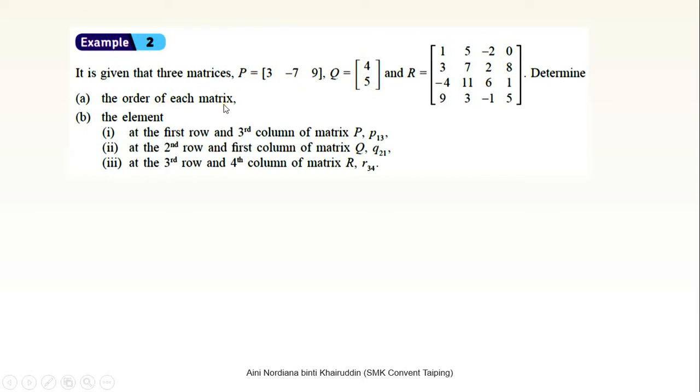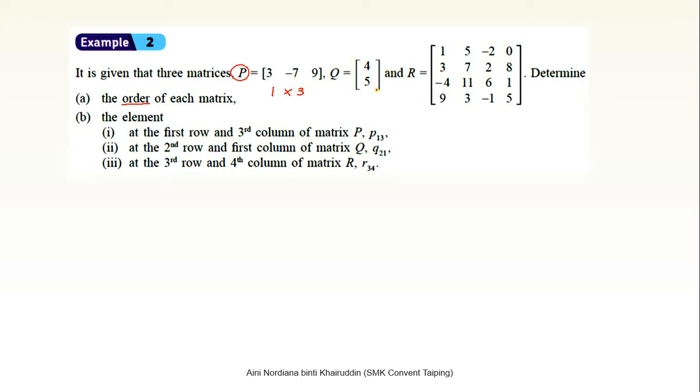As I said to you just now, to state the order of the matrix, look at the number of rows and the number of columns. So for P, there is only 1 row and 3 columns. So this is matrix 1 by 3.